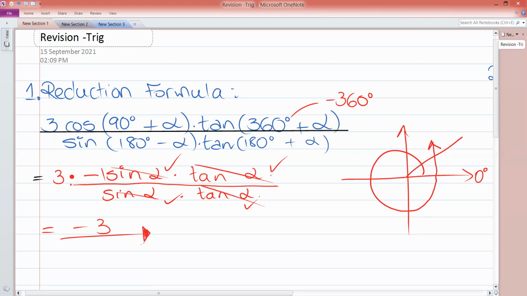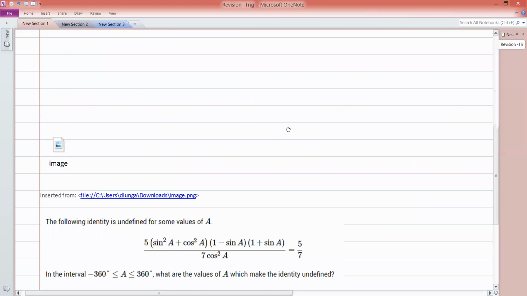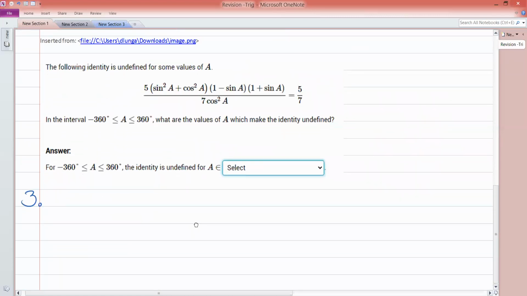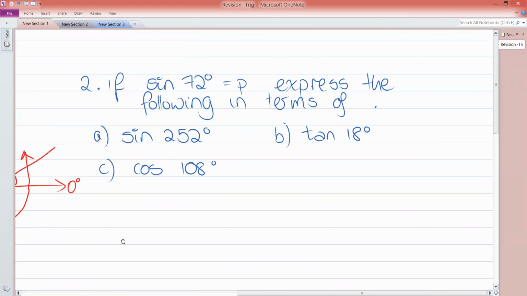Okay. All right. So 5 marks for a question that looks like this. Now, this was in your Siyavula assignment. Before we do this one, let's do this one here.